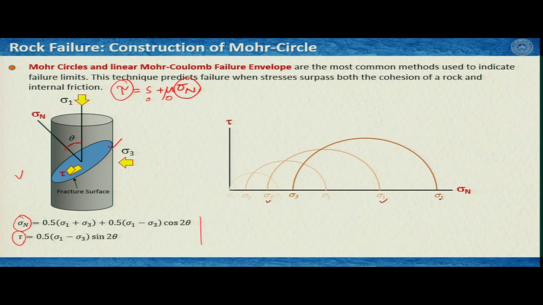So, what is happening here is that each time I am increasing the confining pressure, and as a result the failure stress is increasing from here to here, then here to here, and then here to here.